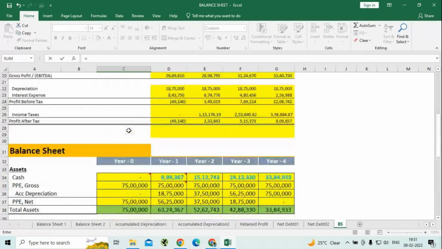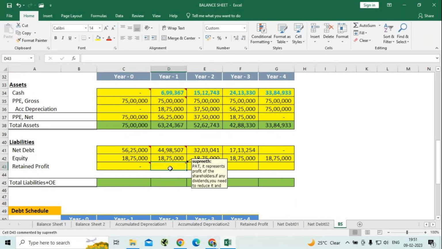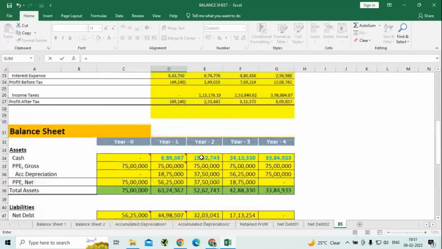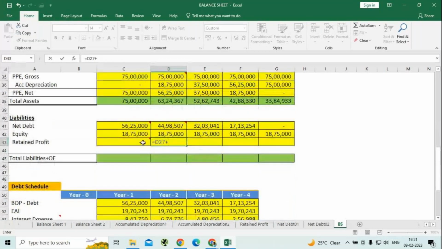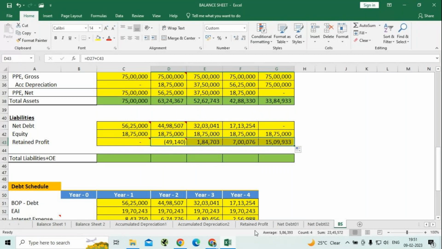In year 0 there is no profit, so it is 0. Then in year 1, bring it from the profit after tax, and if you drag it, it will connect with the previous year's value plus the current year's profit from the income statement.